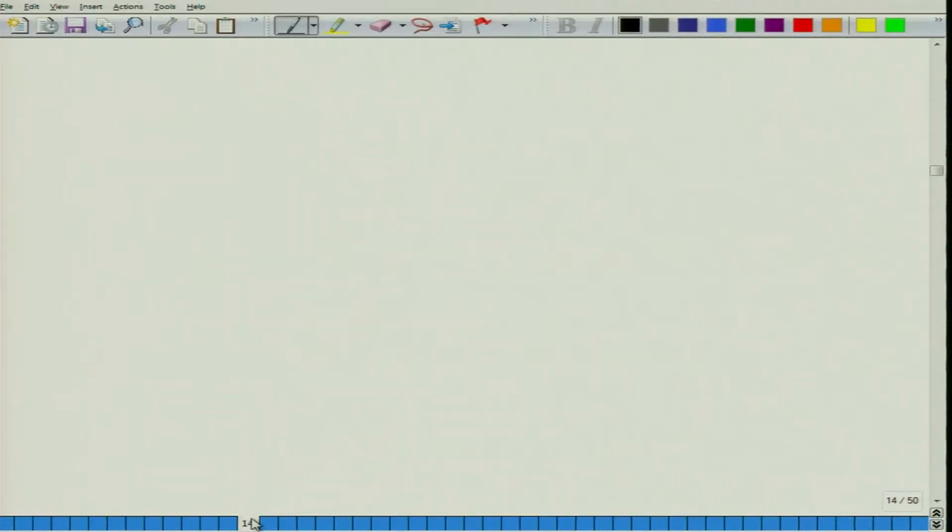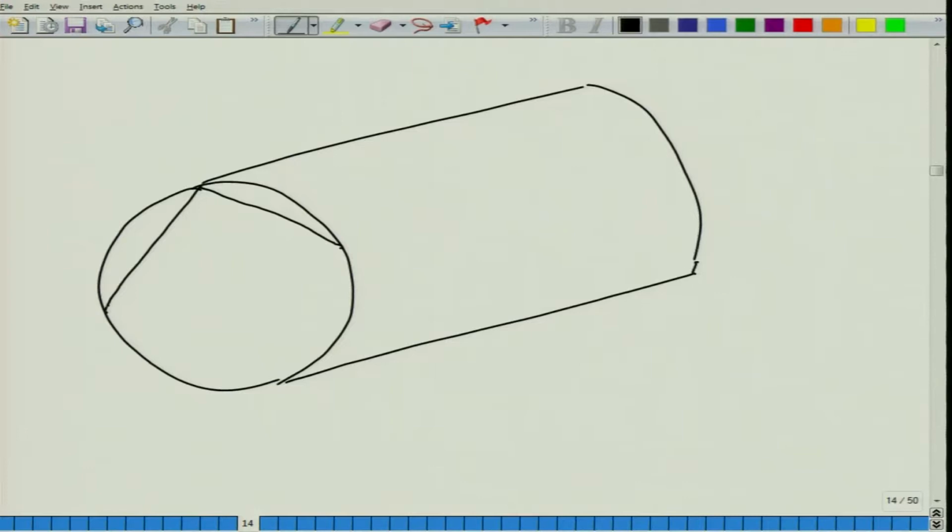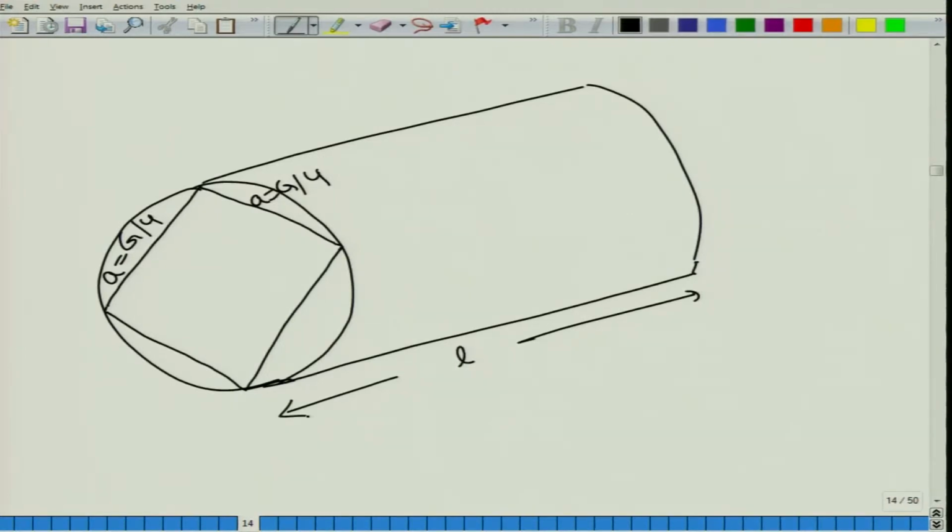So, to summarize, what we are doing here is that we are taking our log, then we are approximating it with a cuboidal portion of it, with its end cross sections as squares of the side given by G by 4, and the length the same as the length of the solid.